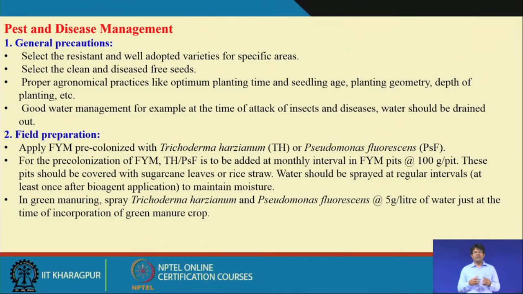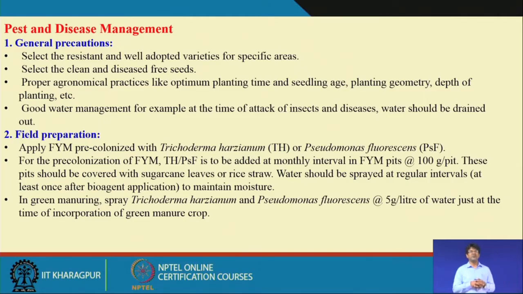And moreover, changing the planting time changes the temperature and humidity, which becomes congenial or favorable for many insect pests and diseases. The crop also suffers from pest and disease attack by shifting the planting time. If you go for early or late planting, the crop is infested by several pests and diseases, that also causes yield reduction.